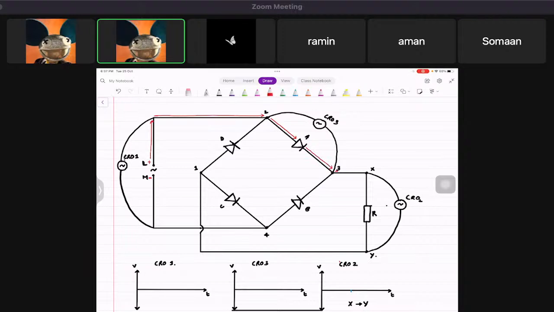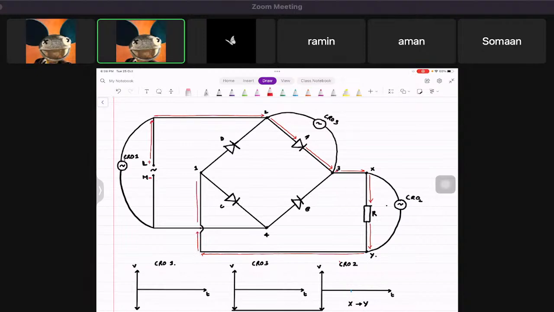And now at 3 it can't go back to B. The reason is that it's reverse biased here, so it is forced to go here, and from here it goes through R and then Y, and then from here it goes in a straight line till here, and then it turns following the path.